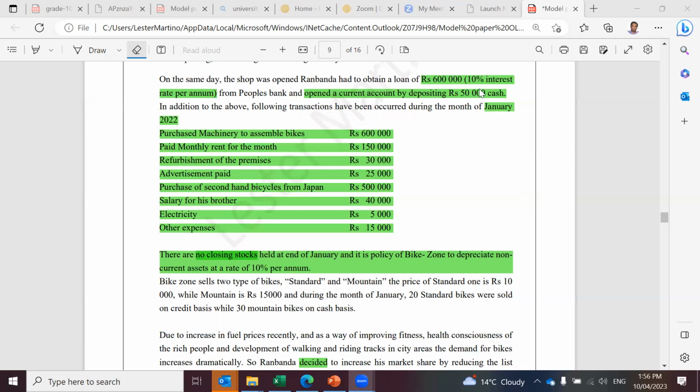Taking bank 50,000 and the 600. Yes, we took this. Ah, you mean for the income statement? Okay. Now, what comes to the income statement, or the profit or loss statement? What type of transactions?